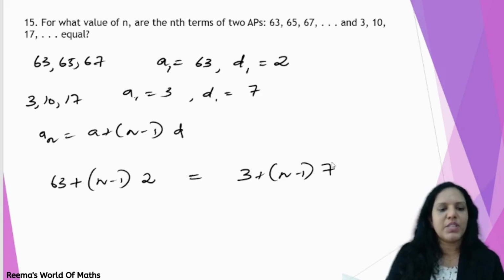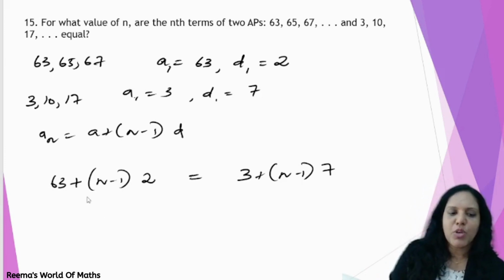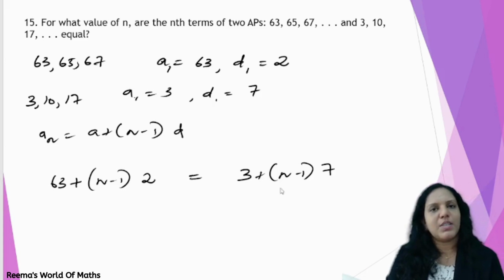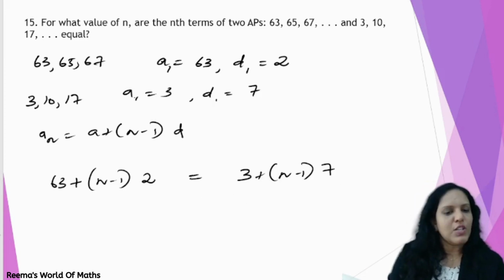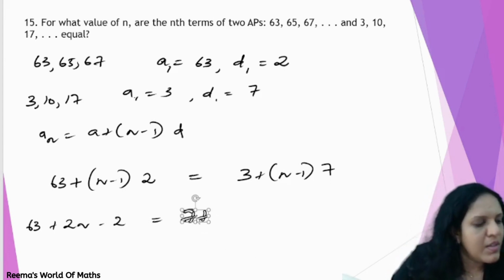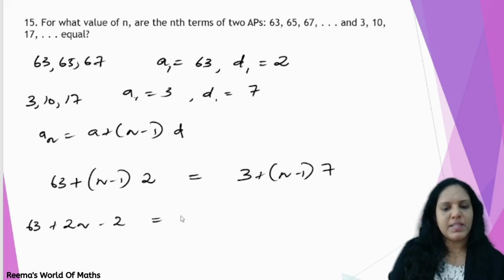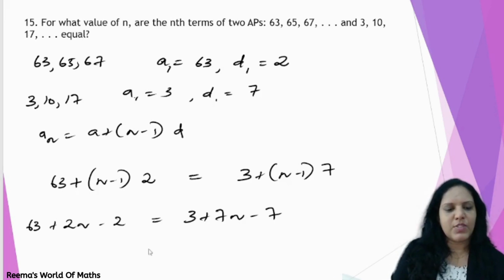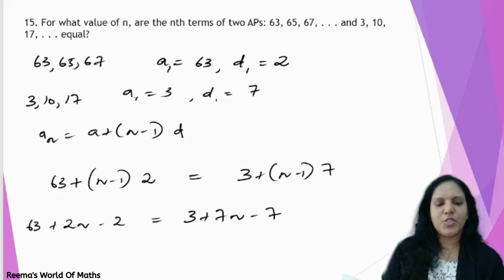Simplifying, 63 plus 2n minus 2 equals 3 plus 7n minus 7.